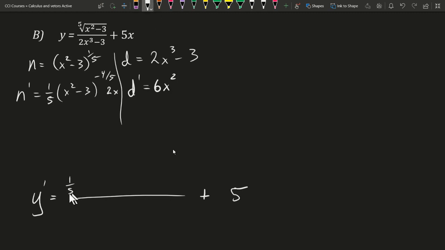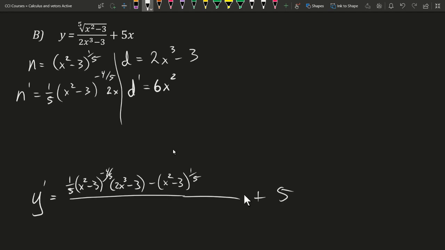So it's a 1/5 x squared minus 3 to the negative 4/5 times 2x to the third minus 3, okay, minus x squared minus 3 to the 1/5, times, let me move this 5 over, plus 5, times the 6x squared.